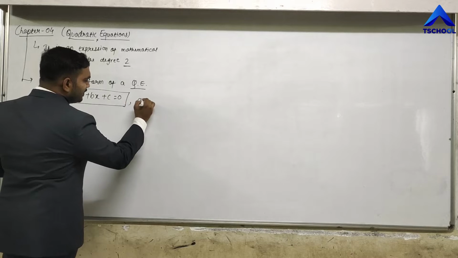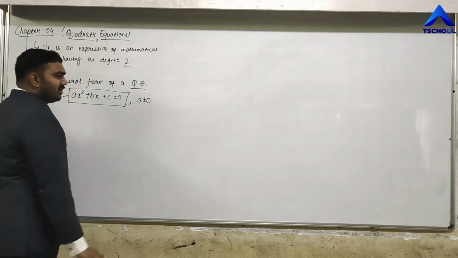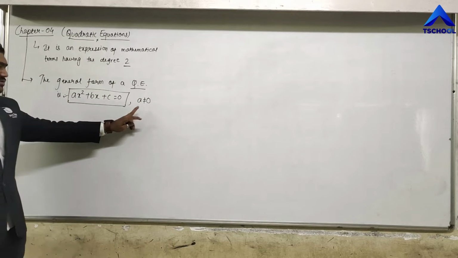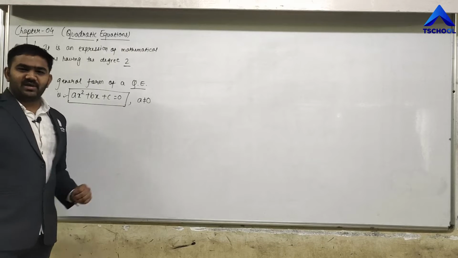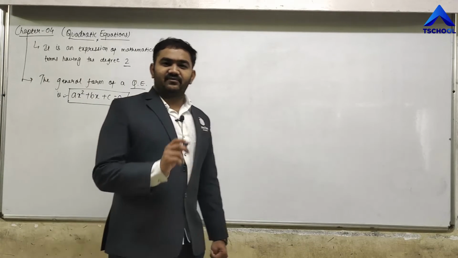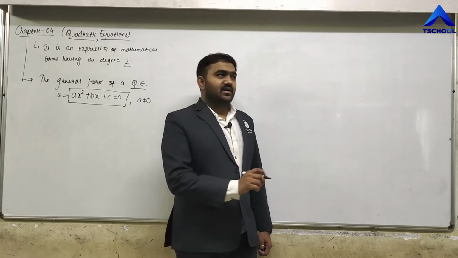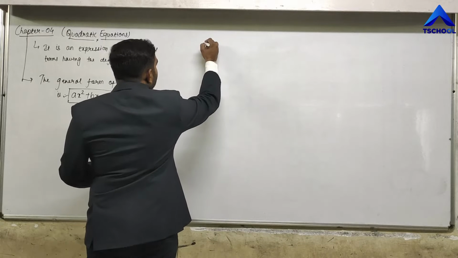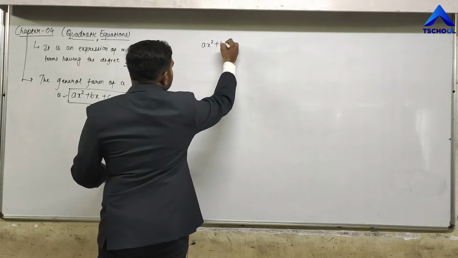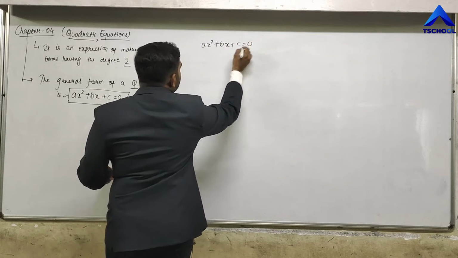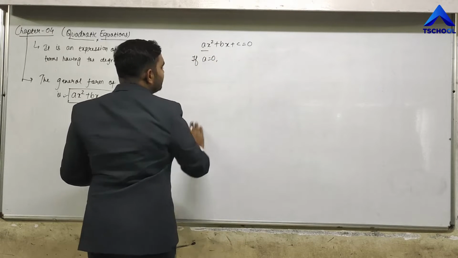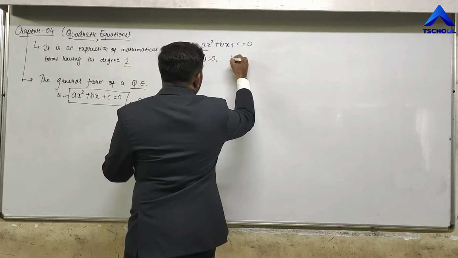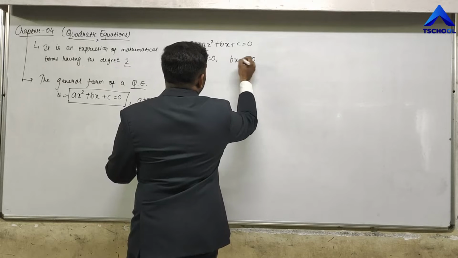Again, the condition must be that a is not equal to 0. That means the coefficient of x square present in this equation will never be equal to 0. Note that, friends, if this becomes 0, then what will happen? I have an equation ax square plus bx plus c equals to 0. If a is equal to 0, then this will become bx plus c equals to 0.